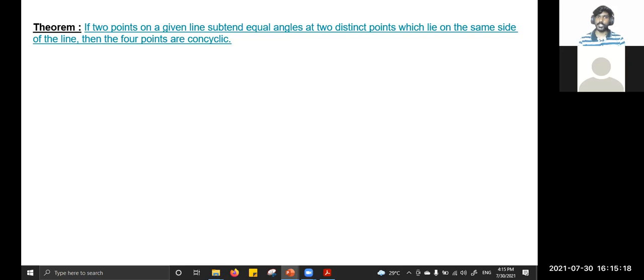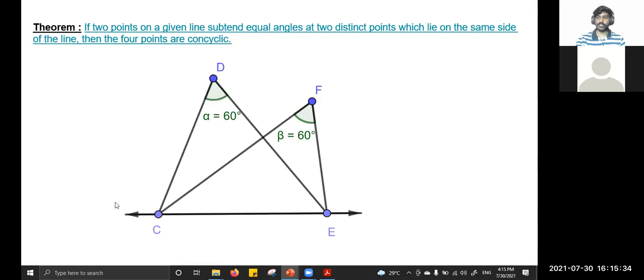If 2 points on a given line subtend equal angles at 2 distant points which lie on the same side of the line, then those 4 points are concyclic. Now understand what the statement is saying. Firstly, on a line segment. Here we have a line segment CE. You take any 2 points outside the line segment, on the exterior of the segment.